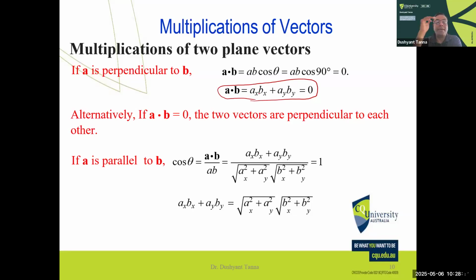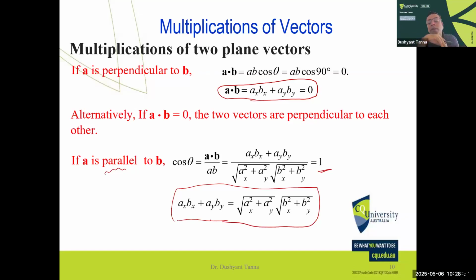But if they are parallel, cos theta is 1, so A dot B, or AX BX plus AY BY, is magnitude A times magnitude B. Pretty much the same thing. We're just giving a different viewpoint of the same information. So we talked about the polar form with the magnitude and angle, and we talked about the XY coordinate form.